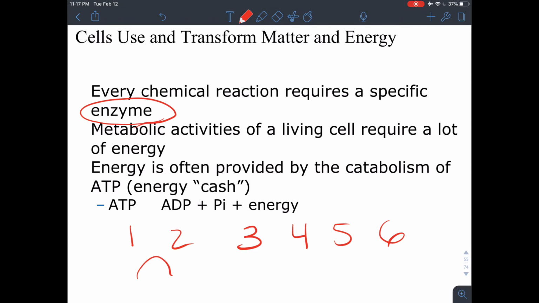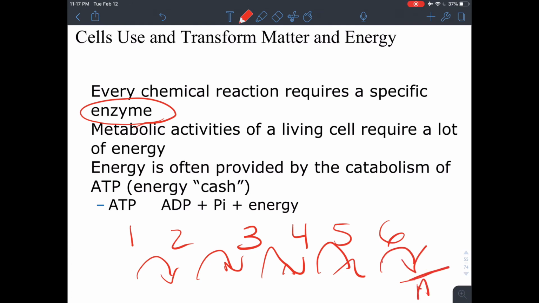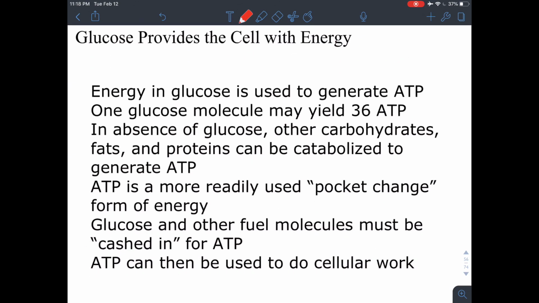There might be 6 enzymes that are involved in facilitating or speeding up that process to get to ATP, but every single one is specific. So if there were one enzyme for this entire reaction, it wouldn't work for a different metabolic reaction. It only works for this one. And if there's one enzyme that converts step 1 to step 2, it's the only one that works for step 1 to step 2. And you can't take it and place it in step 3 to 4 because it only works in step 1 to 2. So enzymes tend to be very, very specific.